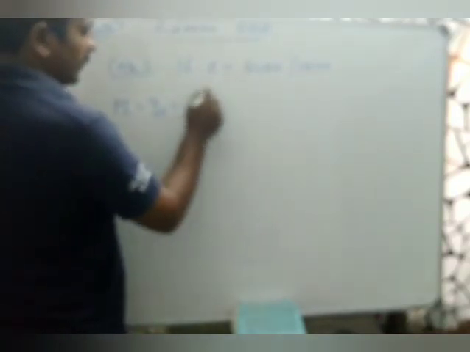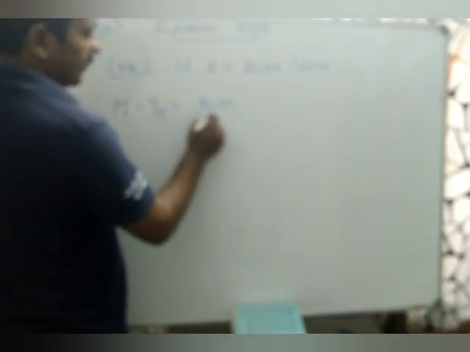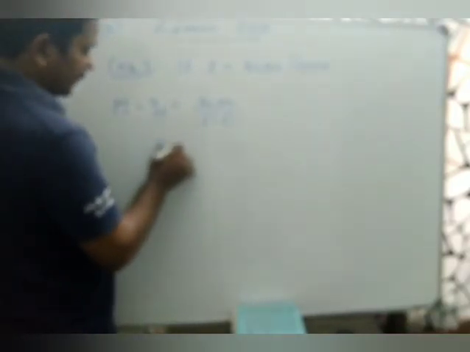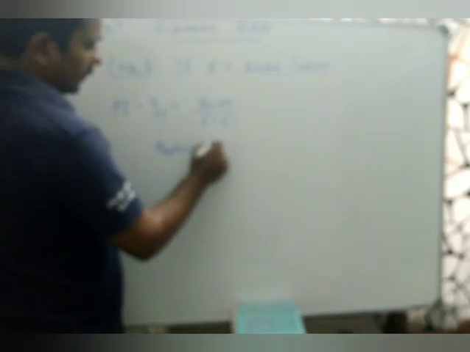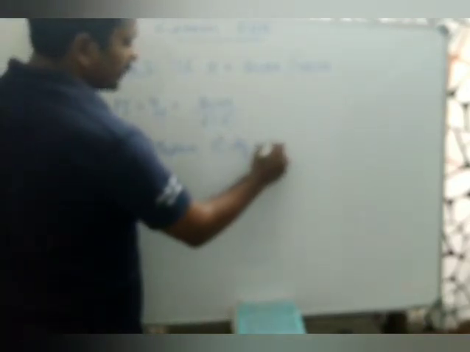The particular integral yp is equal to sine ax over f of D, right? Now this is the only method. Here just replace D square by minus of a square.